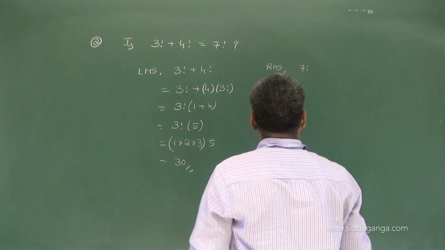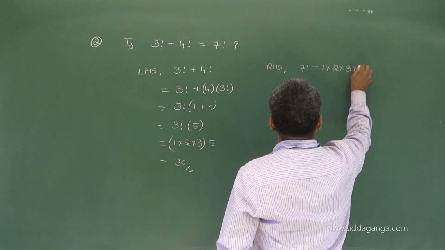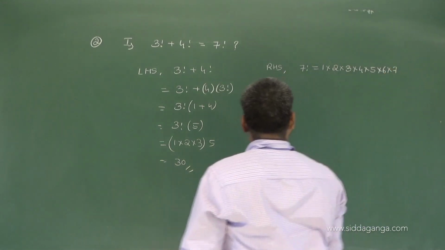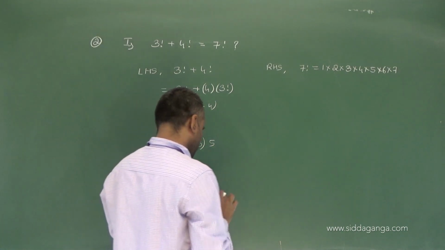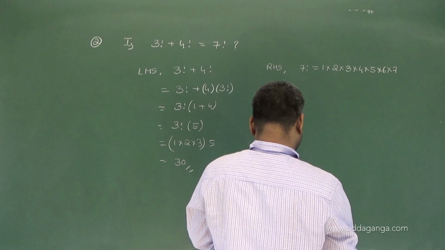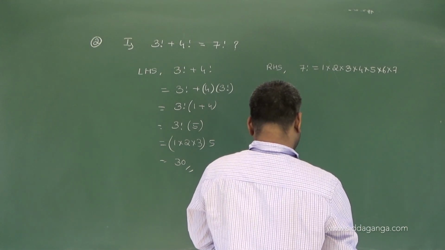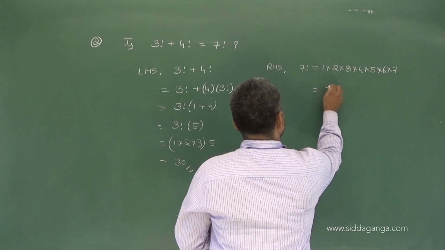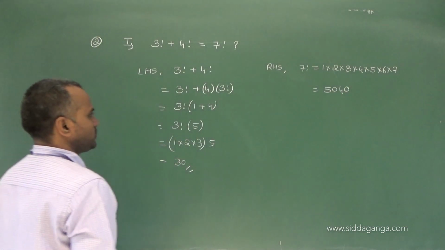Now by the direct method, RHS: 7 factorial. 7 factorial is what? 1, 2, 3, 4, 5, 6, 7, the product of first 7 natural numbers. Just now we calculated this one. So the answer is 5040.